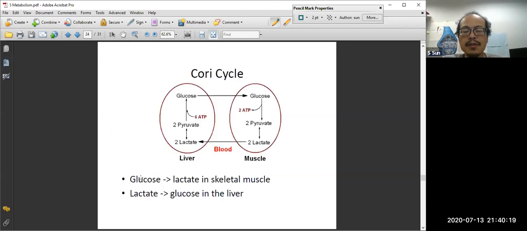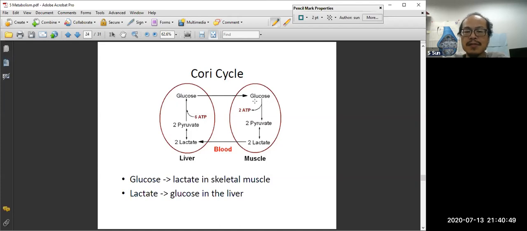And that leads us to introduce another important mechanism called the Cori cycle. This Cori cycle is how our body uses that lactate. Basically, muscle with intense exercise produces lactate. This lactate will go to the blood, go to the liver. The liver can convert this lactate back to glucose, then transport that glucose back to the cell.